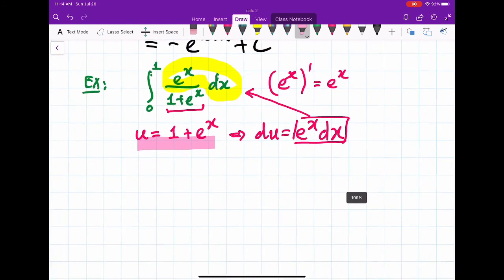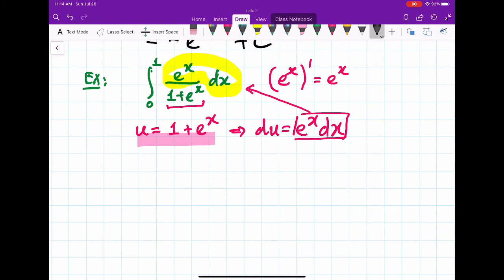Okay, let's move forward with this. So I put u equal to 1 plus e^x. I have du equal to this. Now I will rewrite my integral. At this moment I don't want to write integration limits. I just try to find the antiderivative.